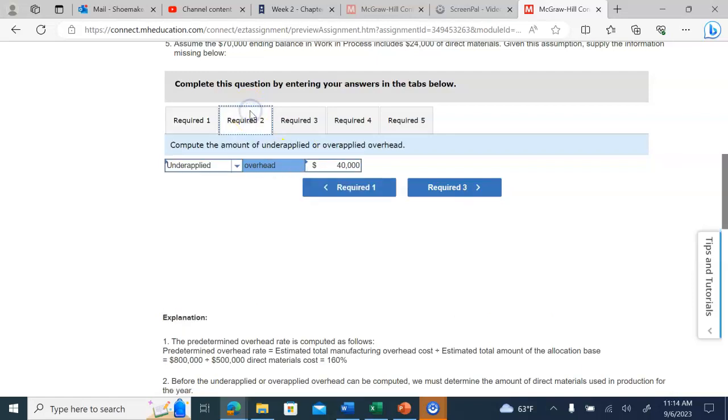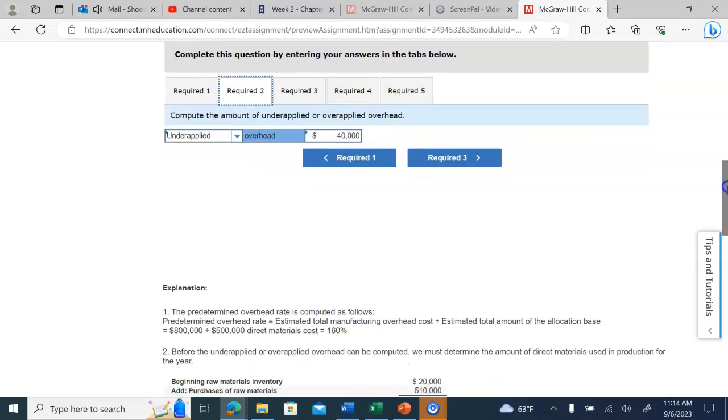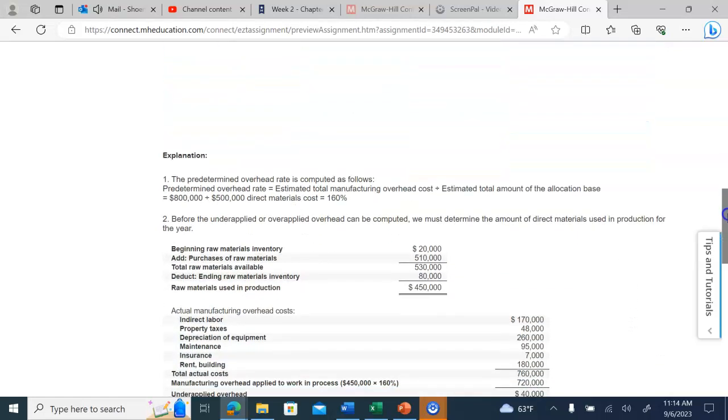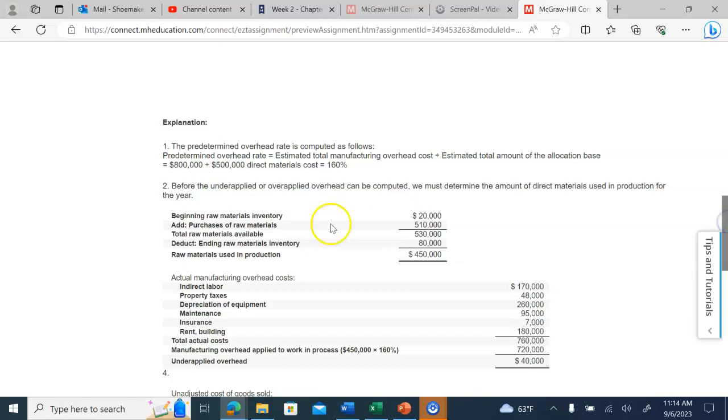Then number 2 asks, compute the amount of underapplied or overapplied overhead. We've got to first determine what was used in production. So do you see, you start with your beginning raw materials, you add your purchases, subtract your ending balance to figure out what went into production.